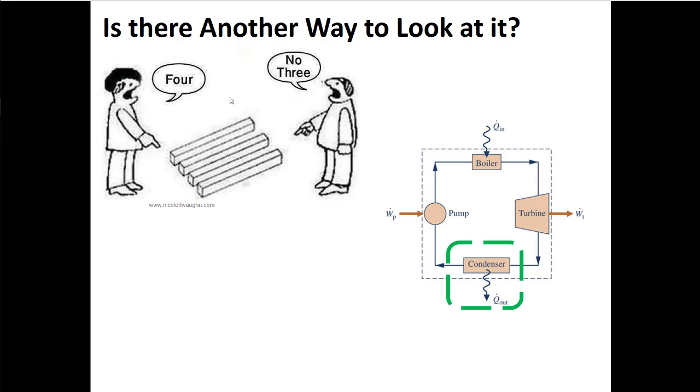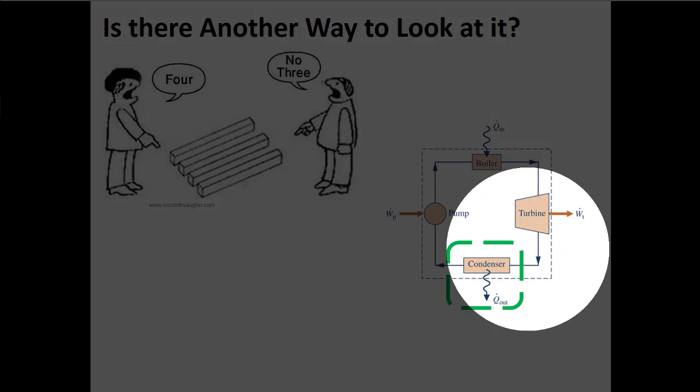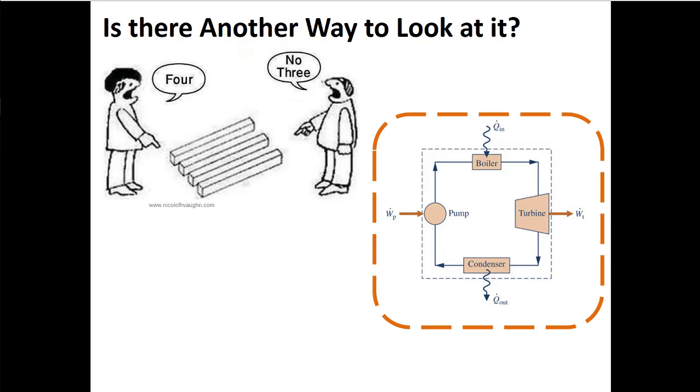So we talked about looking at just the condenser, and this is an open system. But I can shift my point of view so that I'm not looking just at the condenser, but at all of these components, which are linked together in series.